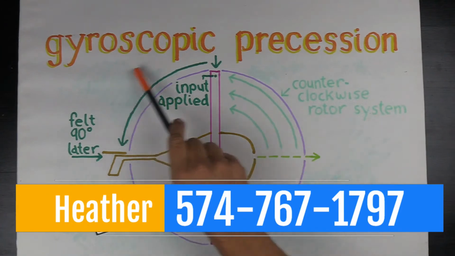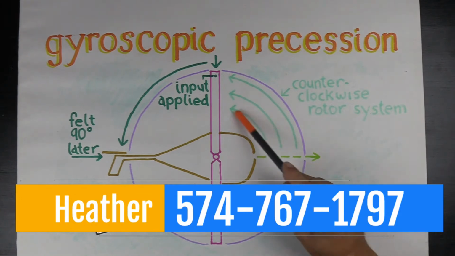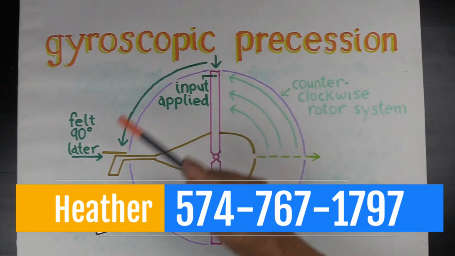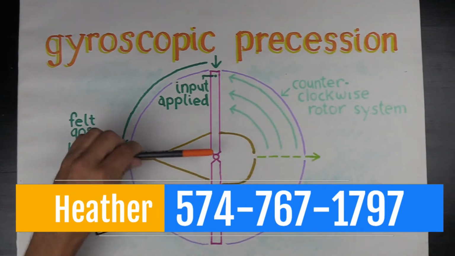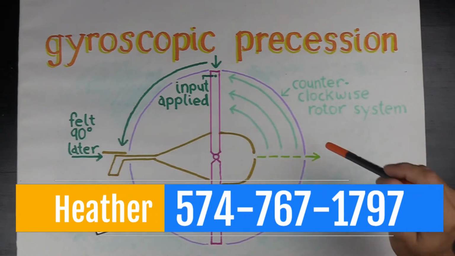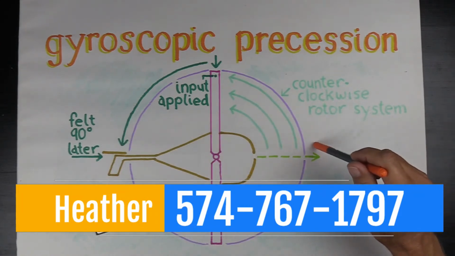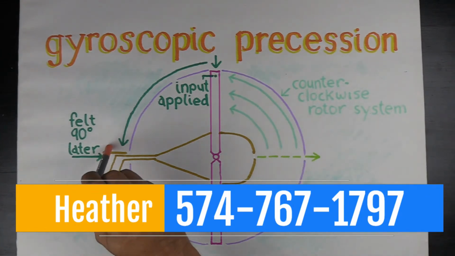All right, gyroscopic precession. For this presentation, we're using a counterclockwise rotor system looking down from above, okay? So these arrows here are showing how the rotor system is spinning. In this scenario, we want the helicopter to move forward. So we're going to need less lift at the front of the rotor system, and we're going to need more lift at the rear of the rotor system.